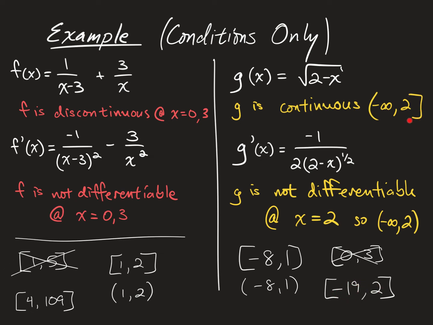It's a closed bracket here. We include 2. But when we look at the open interval, negative 19 to 2, is it differentiable on this open interval? And again, yes, it is. We don't have to include the endpoint on the open interval, so we're good. We can use this interval and still be able to have the mean value theorem apply.